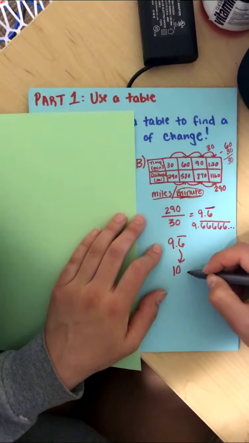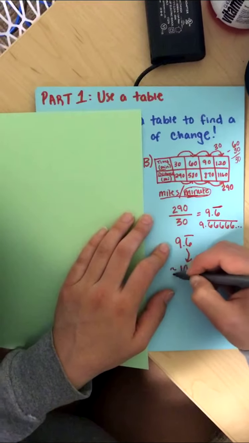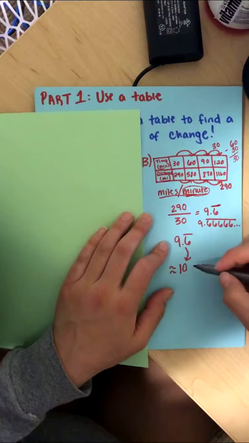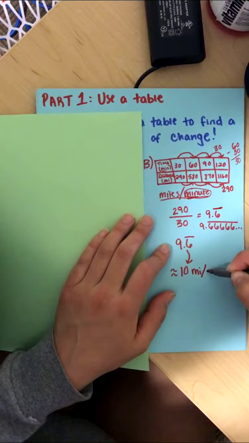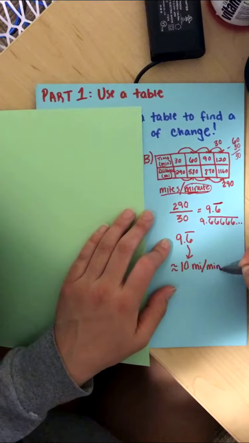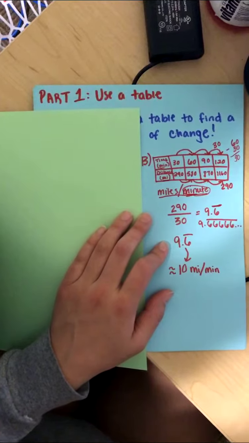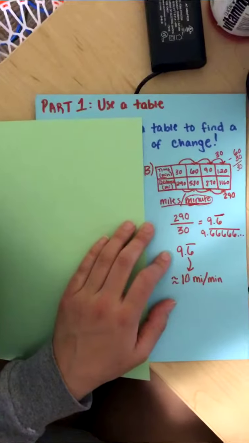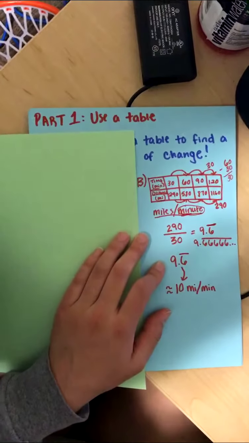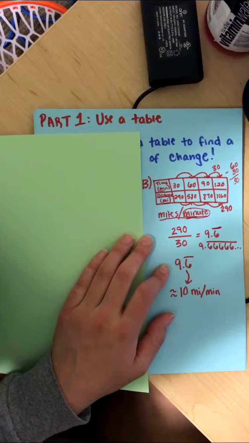So it will be approximately 10 miles per minute. And that is the number of miles a plane traveled while in flight. And that is your answer.